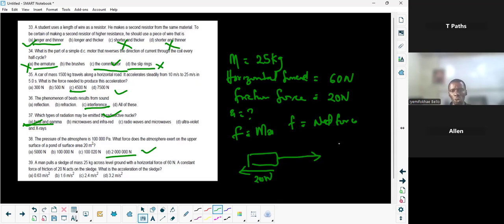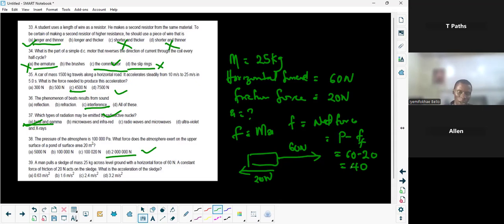And the force the man is using is 60 Newton. Now, they are going opposite each other. To get your net force is always your horizontal force minus your frictional force, which is 60 minus 20, going to give us 40. So our F is equal to 40.